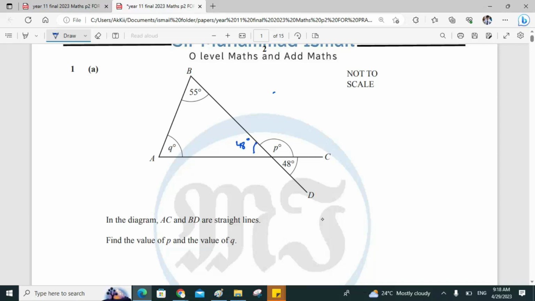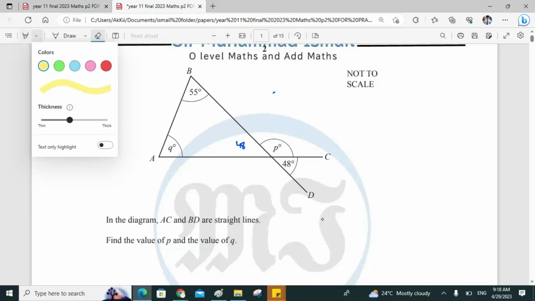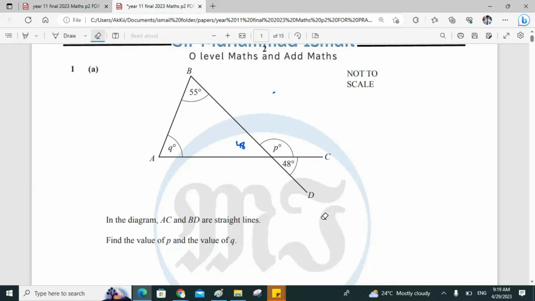Now if you focus on this triangle part, you can simply see that its interior angles are, there are two angles which are known, 48 and 55.